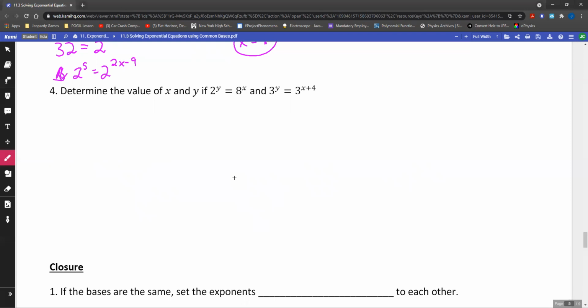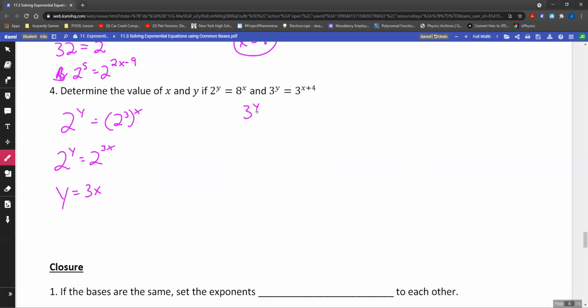Let's just do what we've been doing before. So this becomes 2 to the y. 8 is just 2 cubed. So we get this, and I get y equals 3x. That's as far as I can go with that. So let's try out this other one.